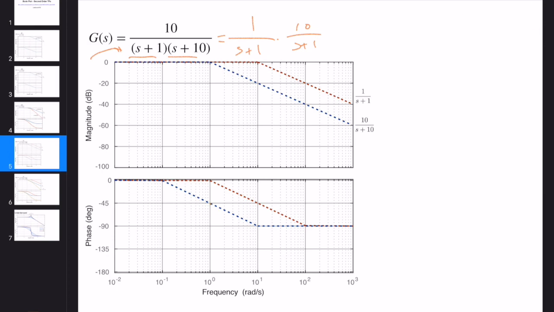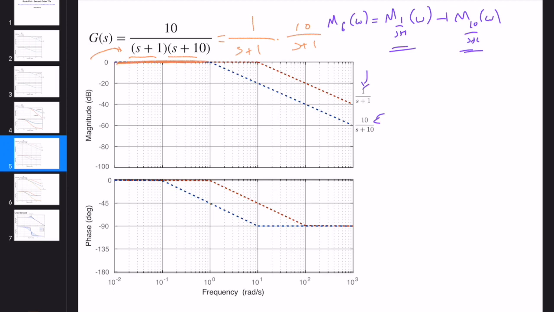M of g for each omega will be equal to m of 1 over s plus 1 at omega plus m of 10 over s plus 10 at omega. It's coming directly from the features of the logarithm. So at each range, I need to add the magnitude response of this and this. Let's do it. 0 plus 0 is equal to 0, which is good.